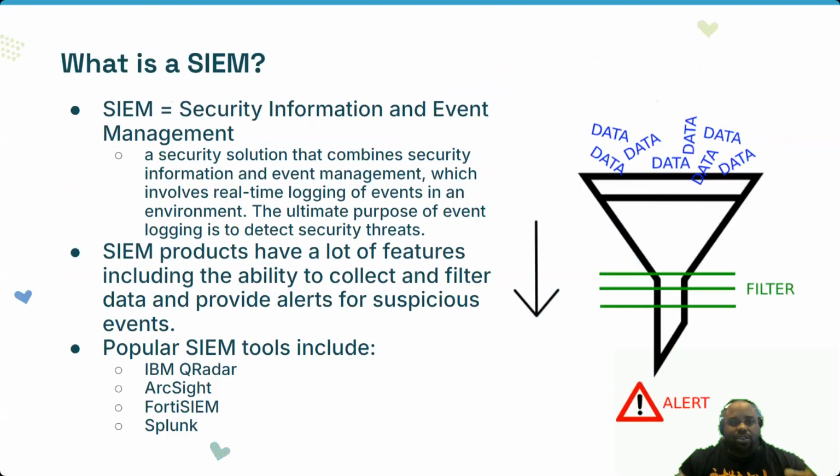So by utilizing a tool like a SIEM, you can pull all that data into one place and then analyze it in a way where you can find those trends or anomalies that might be the indicators that something is going wrong or something suspicious is on your network.